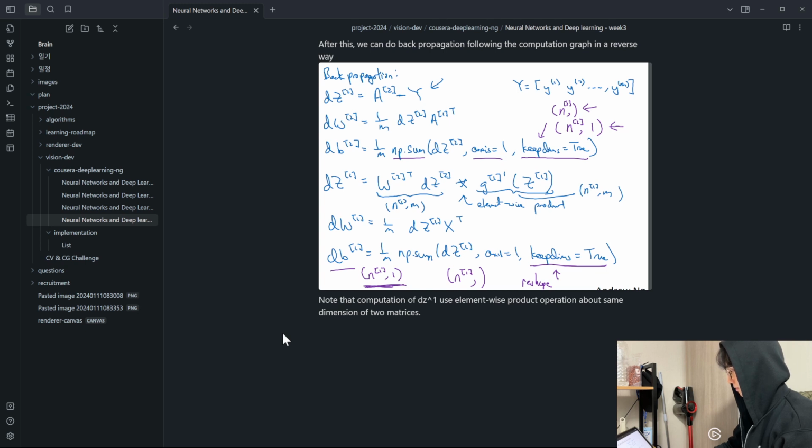And we define the notation very carefully in this course to make sure that stacking examples into different columns of a matrix makes all this work out.